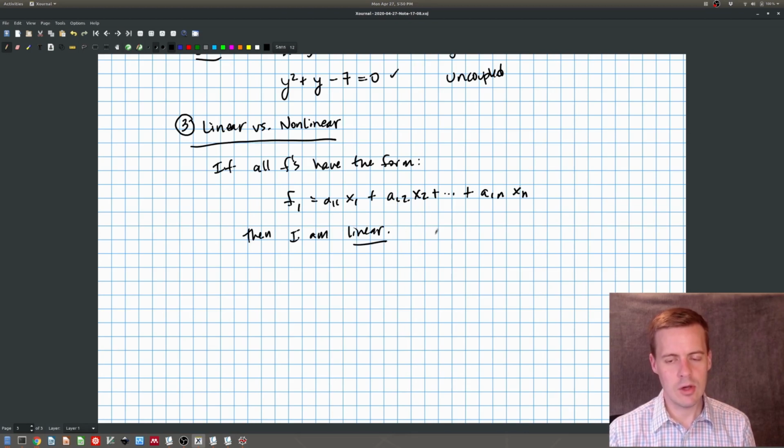Notice what I have here are constant coefficients, and no powers.